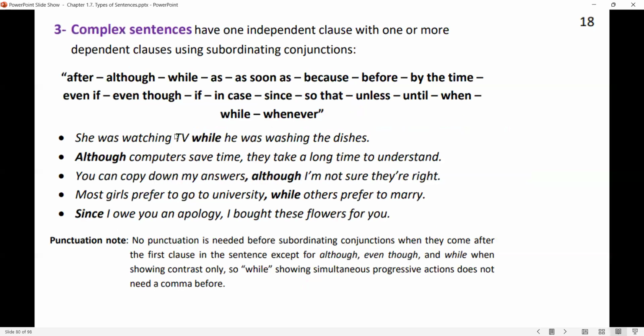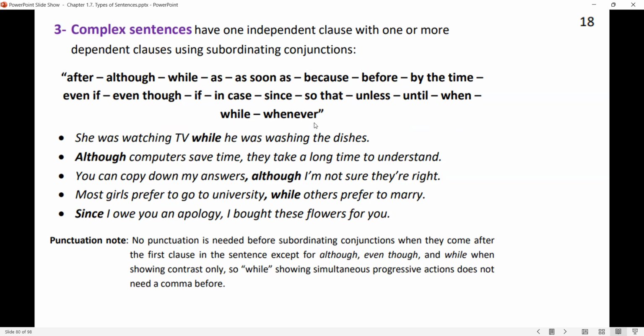All right. Now, these are the words that we discussed. Let's just take a look at them. In order to make a complex sentence, we must have one independent clause with one or more dependent clauses using these subordinating conjunctions. After talks about time; although, contrast; while can be contrast or time; as soon as, because, before, by the time, even if, even though, if, in case, since, so that, unless, until, when, while, and whenever.